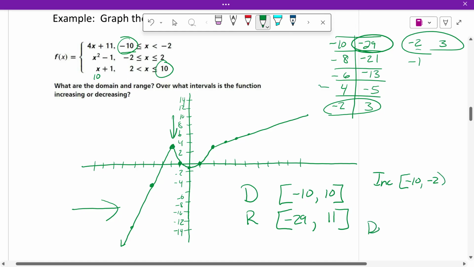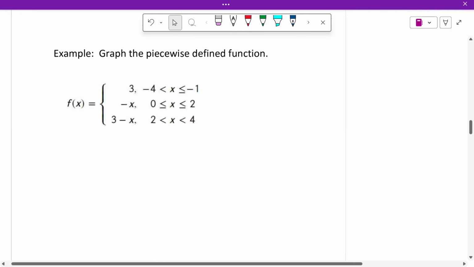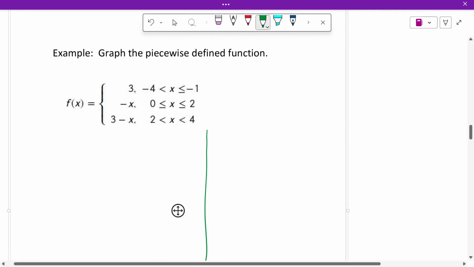Then it's decreasing from negative 2 till this is the lowest point that it's decreasing, so to 0. And then it's increasing again from 0 all the way out to this number, 0 to 10. Increasing, decreasing. Okay? You can look at the graph to help figure it out. Looking at this piecewise function.